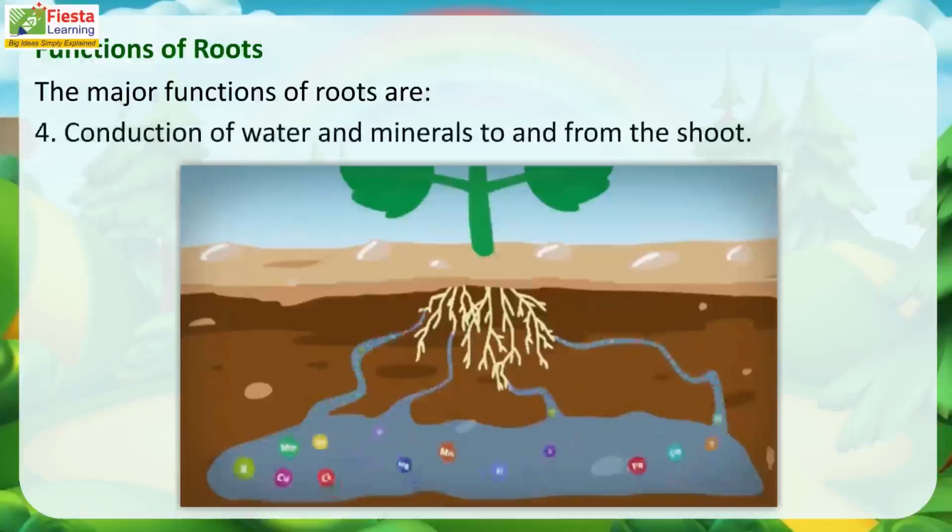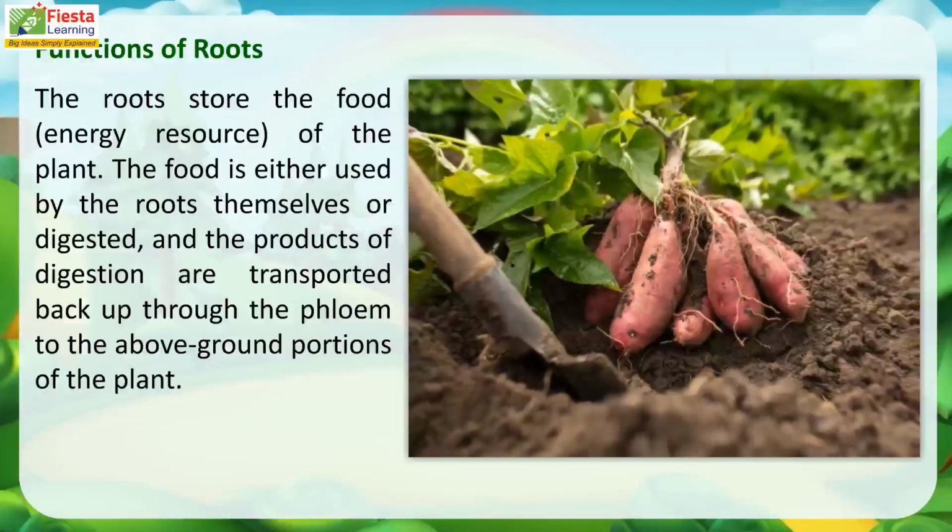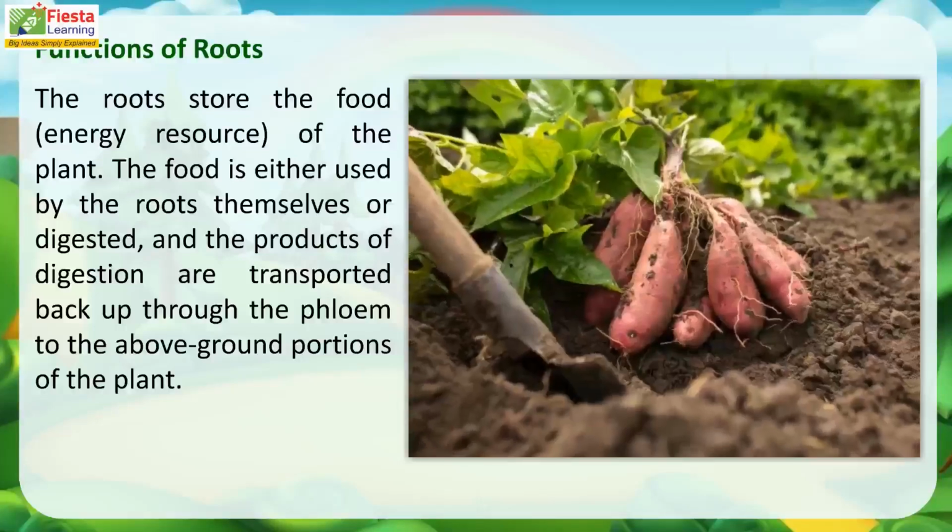Conduction of water and minerals to and from the shoot. The roots store the food energy resource of the plant. The food is either used by the roots themselves or digested, and the products of digestion are transported back up through the phloem to the above ground portions of the plant.